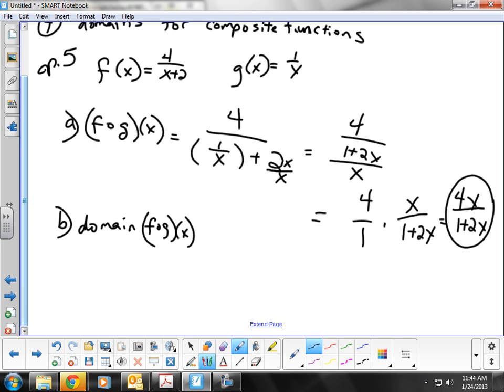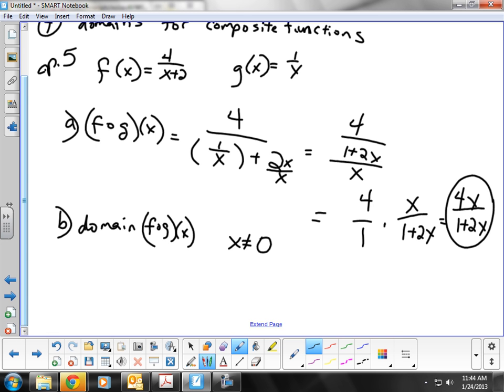What x's can I not use in the g function? It says 1 over x. This is not a hard thing. What makes the x 0? 0, right? So I cannot use 0. So part of my domain is that I can't have 0 in there.